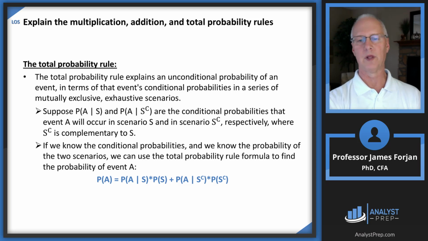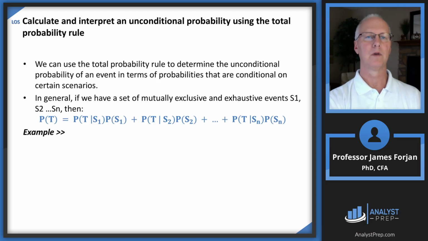And so there's a formula there that gives you that probability. We can use that total probability rule to determine unconditional probability of the event in terms of probabilities that are conditional on certain scenarios. So look at that formula there.